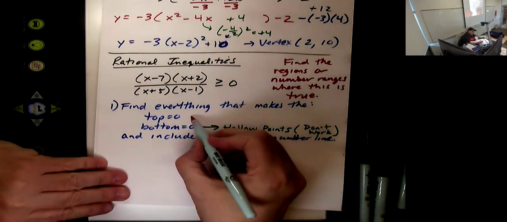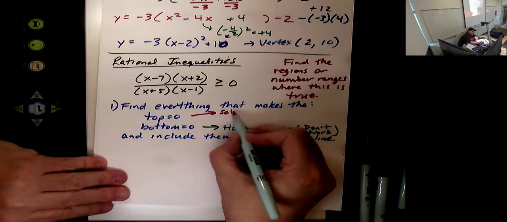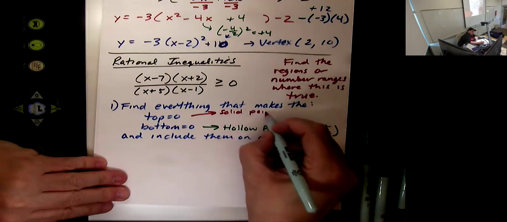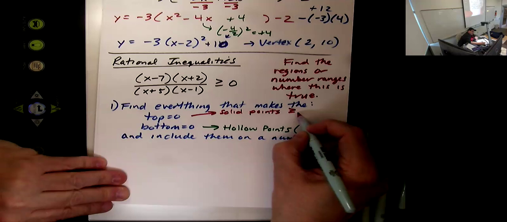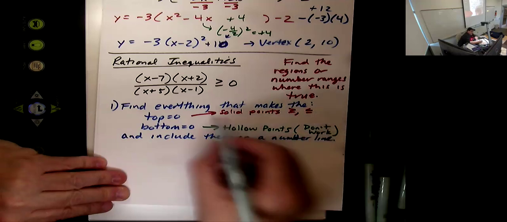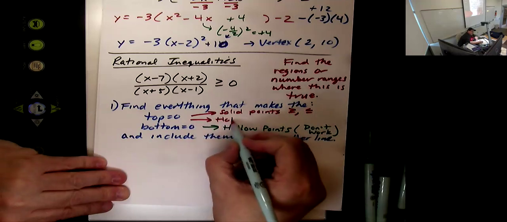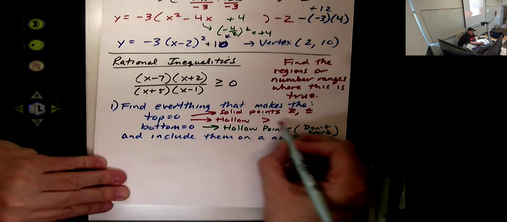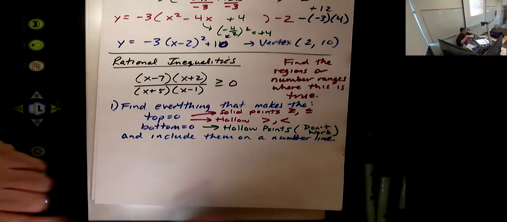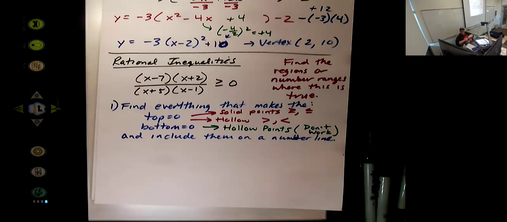And for the top, we will make solid points if it has the greater than or equal to or less than or equal to. They'll be hollow if it's strictly greater or strictly less than. The solid points are only for where there's equality.